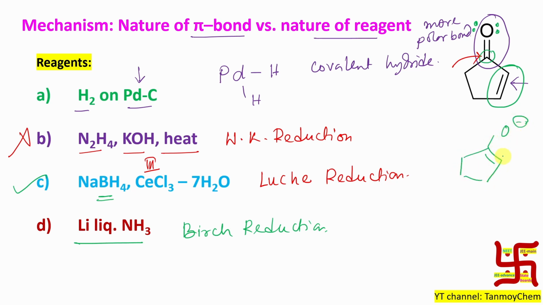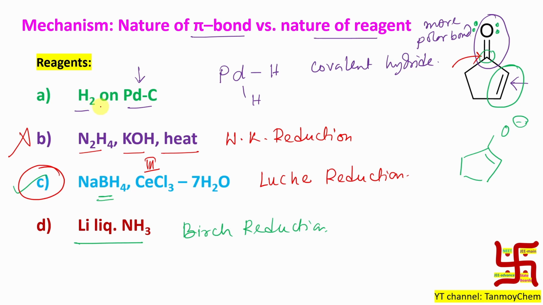After workup you can get the carbonyl back via keto-enol tautomerism. So the enol will be produced, and it will tautomerize to keto. I have already discussed a dedicated lecture on Birch reduction on alpha beta unsaturated carbonyl. If you want to learn, you can visit. So from this discussion, one thing is clear: the best reagent is sodium borohydride.